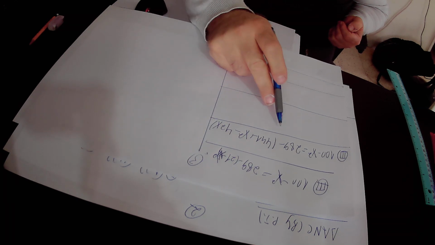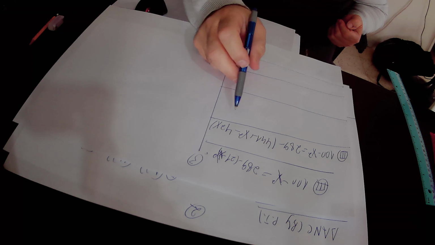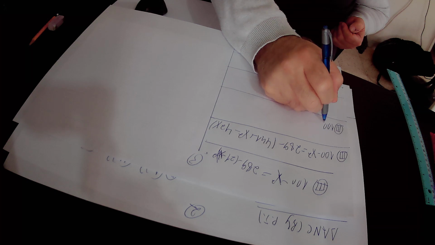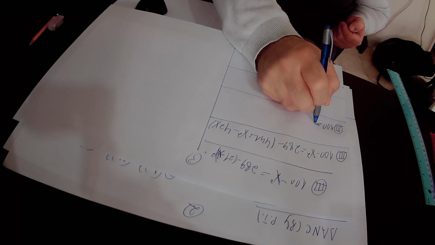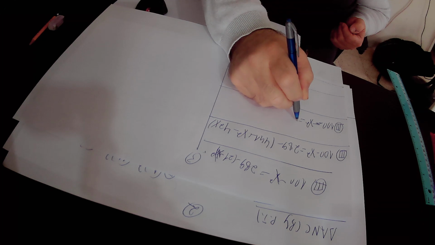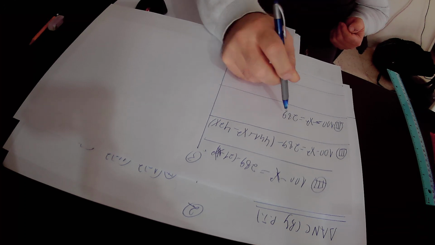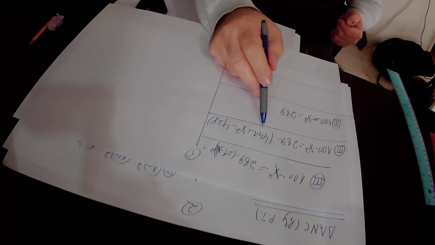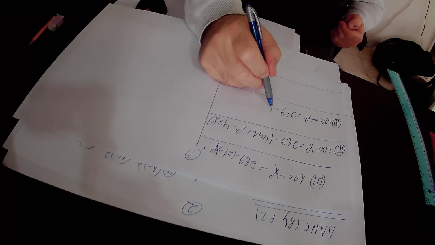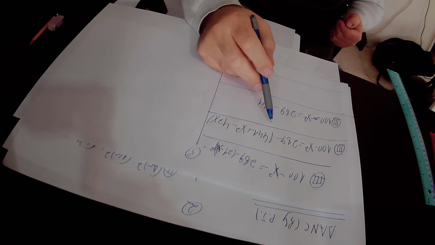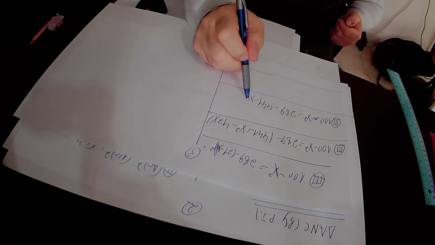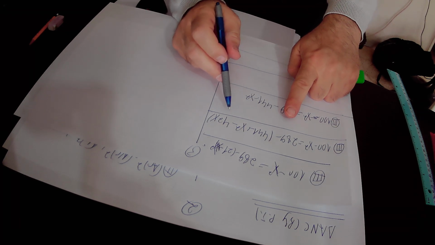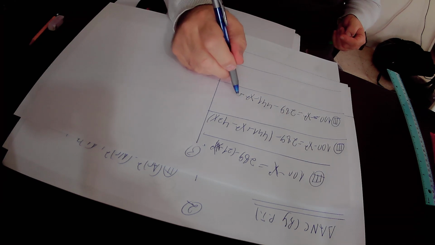So here we open the brackets on this expression, and you get that according to equation 3, 100 minus x squared equals 289. After we open the brackets, this expression will be equal to minus 441, minus x squared, and then minus times minus is plus, so minus 42x is plus 42x.